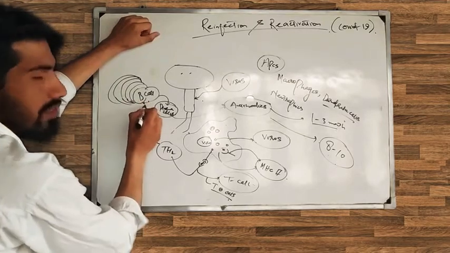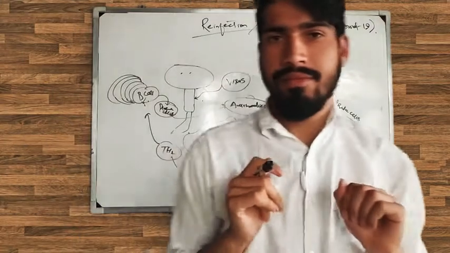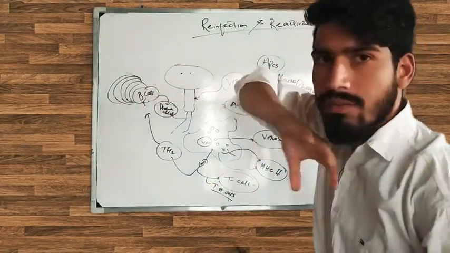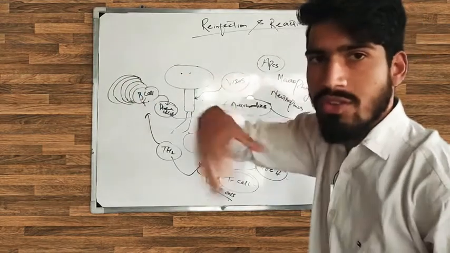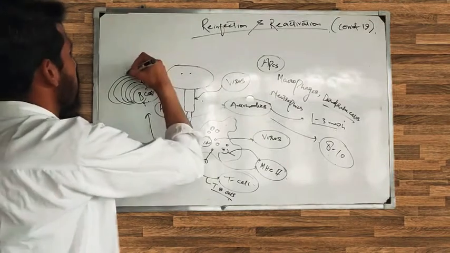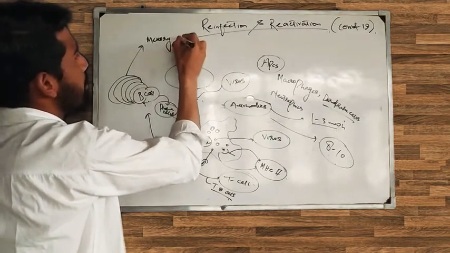These B cells make copies of the B cells, and those are called memory B cells.